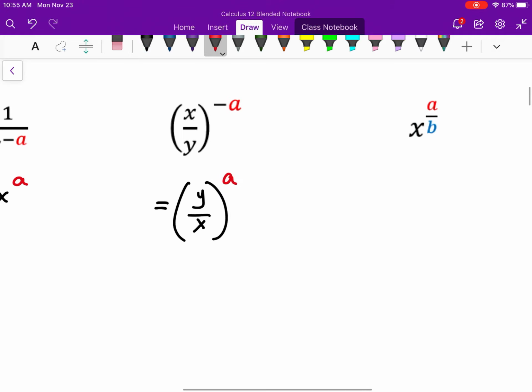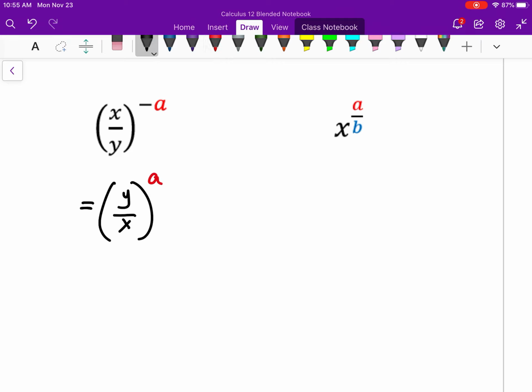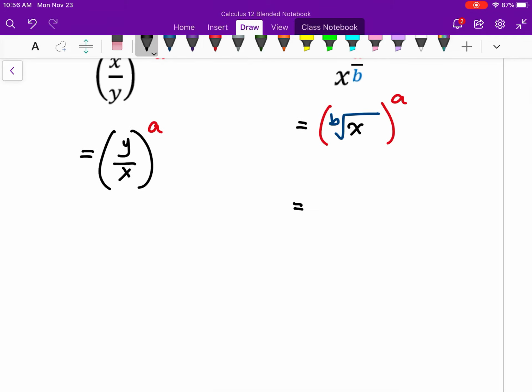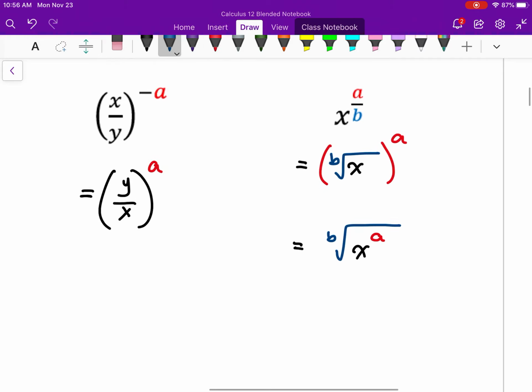And lastly, when I have a rational exponent, like a fraction in my exponent that involves radicals, I can think of this as either the bth root of x all to the power of a, or, if I want, it's completely equivalent, I can think of it as x to the power of a, and then the bth root of all of this. Perfectly equivalent. And that reviews our work with exponent laws, going mostly grades 9 and 10.